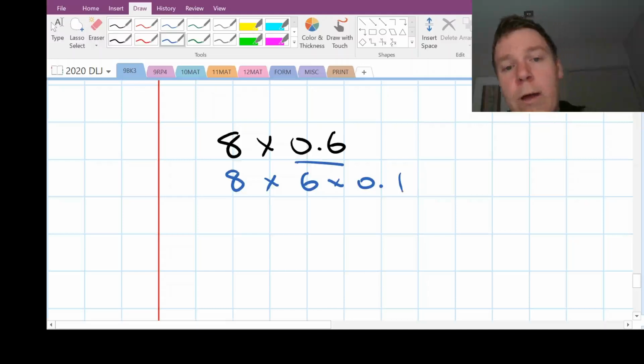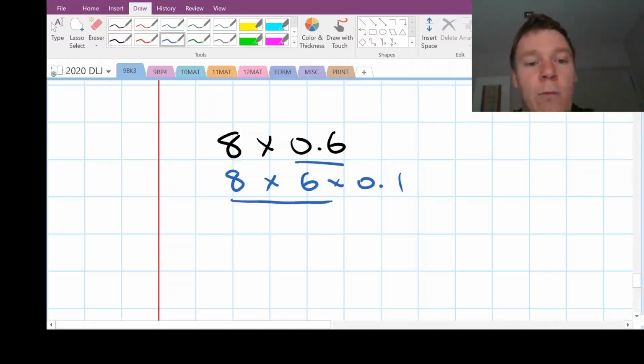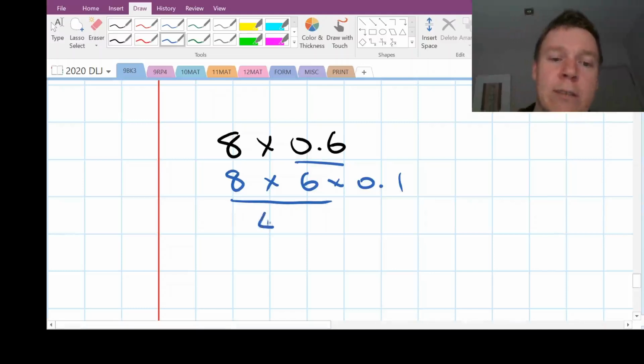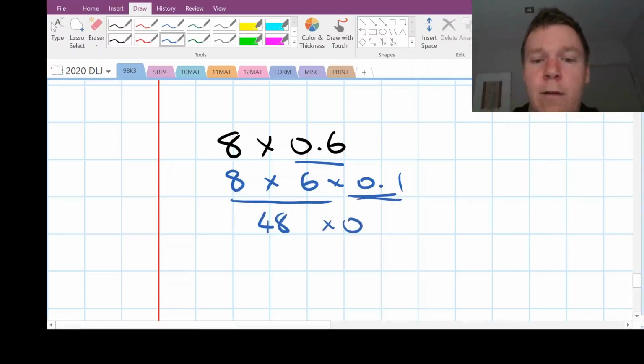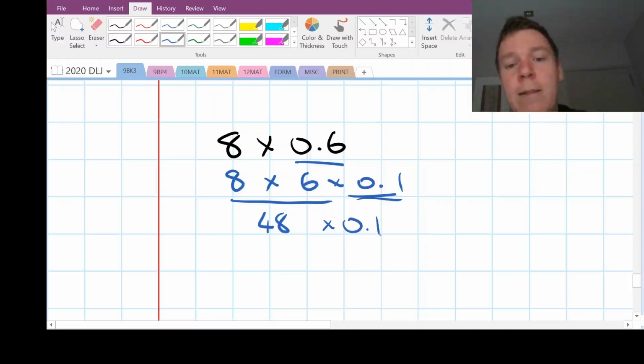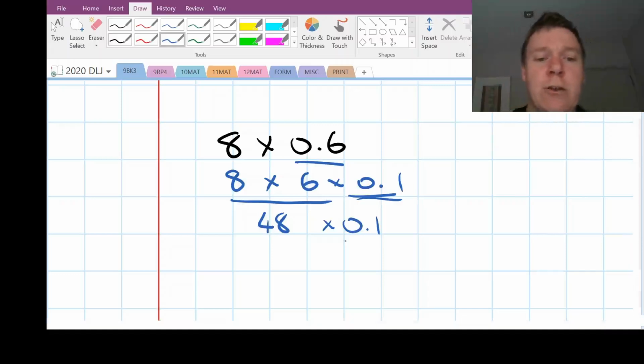And now when we're working this out, we know how to do 8 times 6. That's just a regular times table. So 8 times 6 is 48. And then we've still got that 0.1 on the end. But that's an easy thing to work out because that's just going to move our decimal point along. There's nothing strange about that.